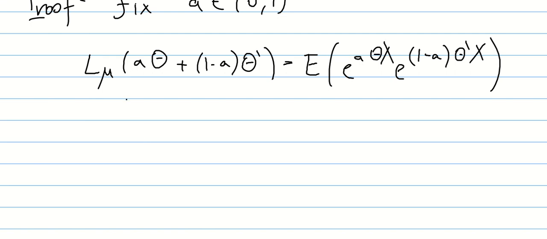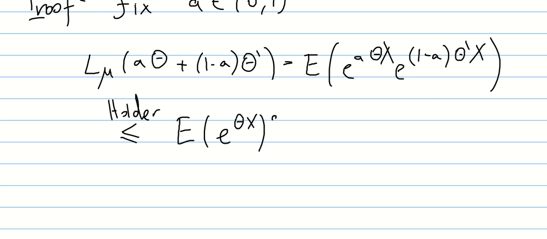It's very tempting to use Holder's inequality here to bound this by the expectation of e to the theta x to the a and expectation of e to the theta prime x to the 1 minus a. So the fact that we have exactly 1 minus a here and a, and we are using p and p prime as duals in Holder's inequality gives us exactly this.